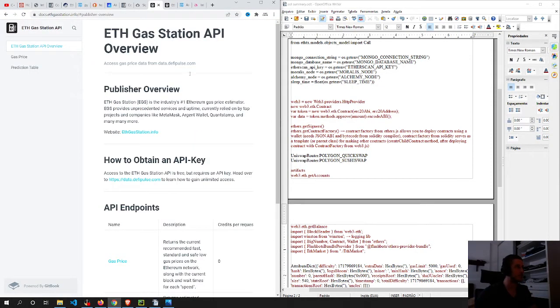I think I have to understand this before I even go through the Uniswap stuff. It's better to understand more how the mining works.